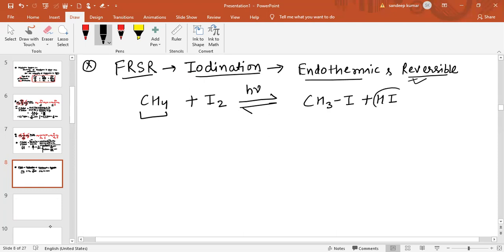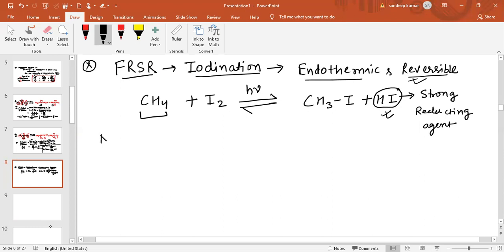And we know this HI is a very strong reducing agent. We already discussed the strong reducing agent character of this compound in the hydrocarbon chapter.